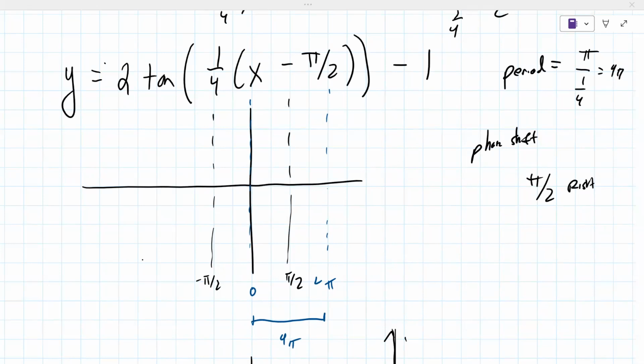Actually, let me check something here. I really just don't feel very good about what I just did. Sorry, did I graph this right?